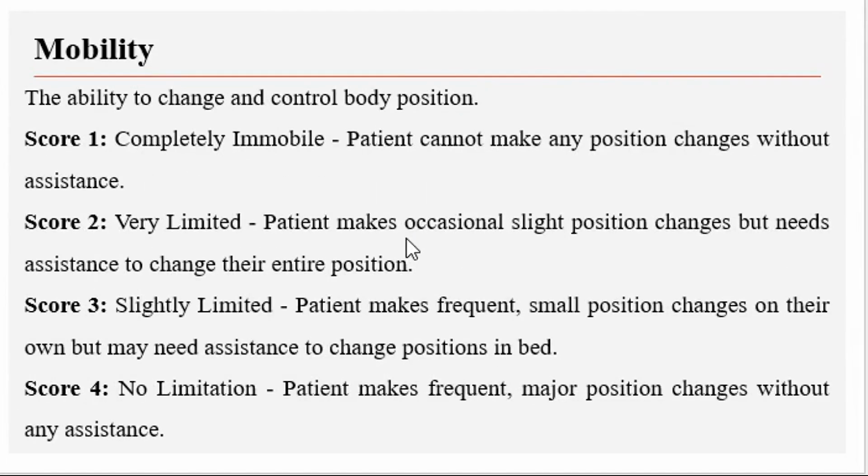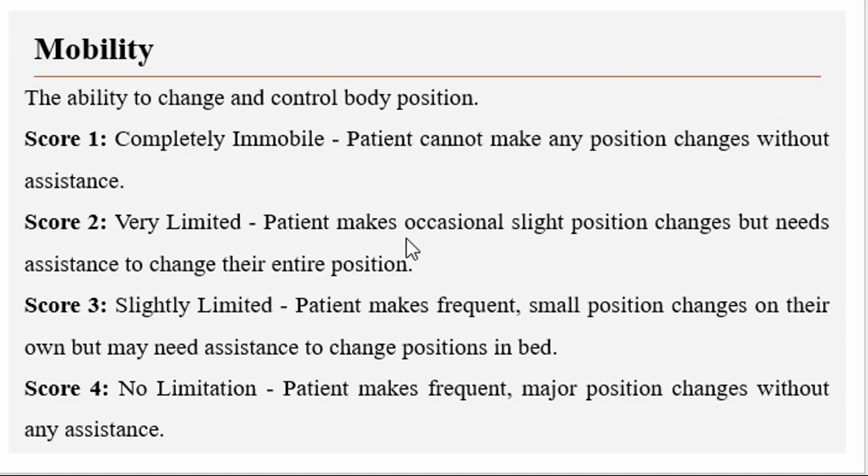The next component is mobility. It is the ability of changing and controlling the body position by the patient himself. The patient can turn to this side, left side, right side, and he is able to get up and sit. That is mobility. This is also scored 1 to 4. Score 1 we give when completely immobile. The patient cannot move from the position or change any position by himself.